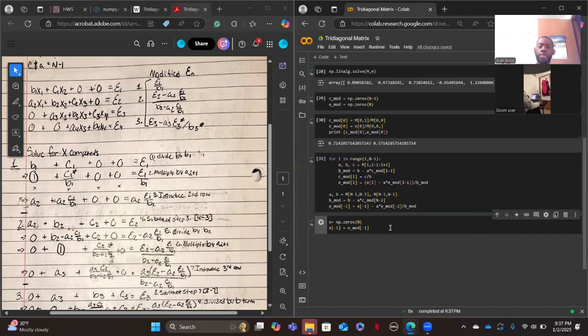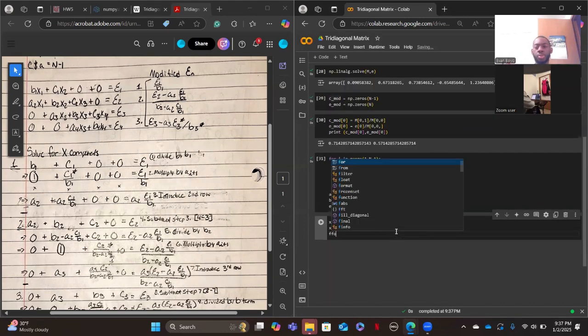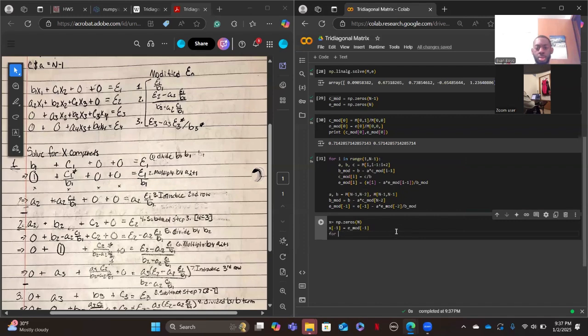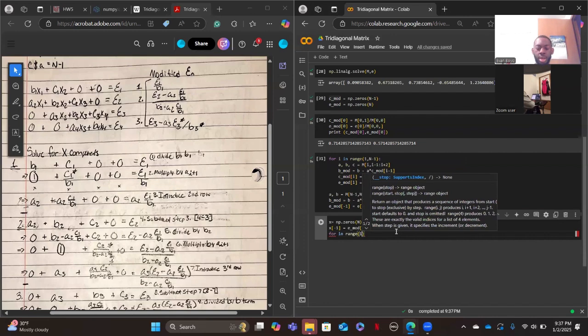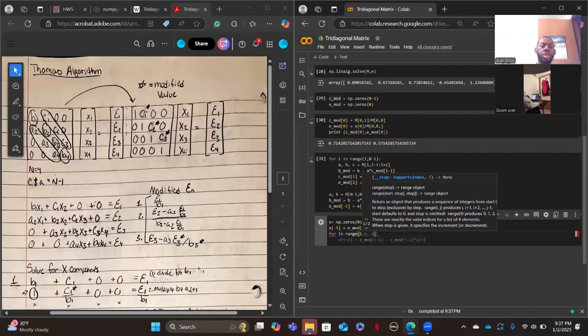There we go. Okay, so now we just need to do a for loop. So for i in range of n, and we're trying to have it go backwards because, as I said earlier in the derivation, we know our x4. From our x4, we then figure out our x3, then our x2, and our x1.